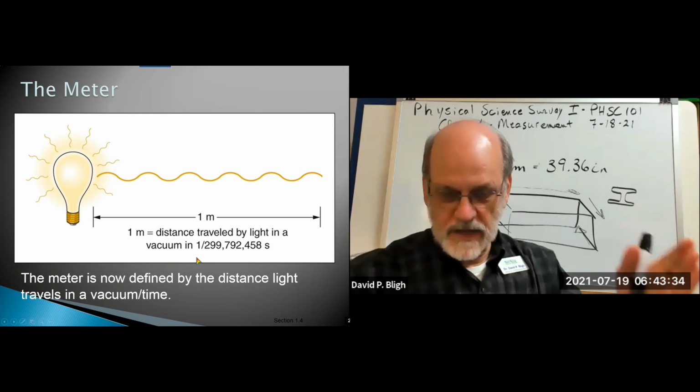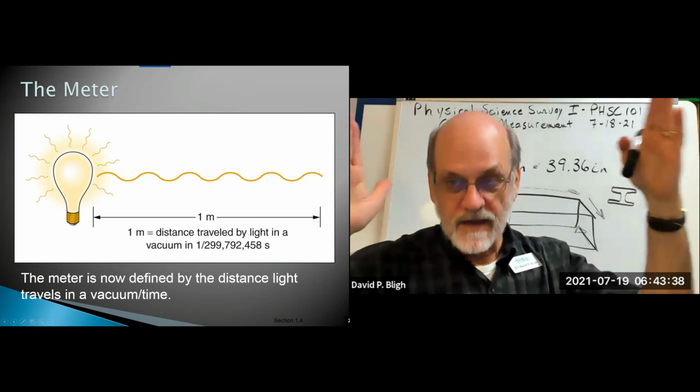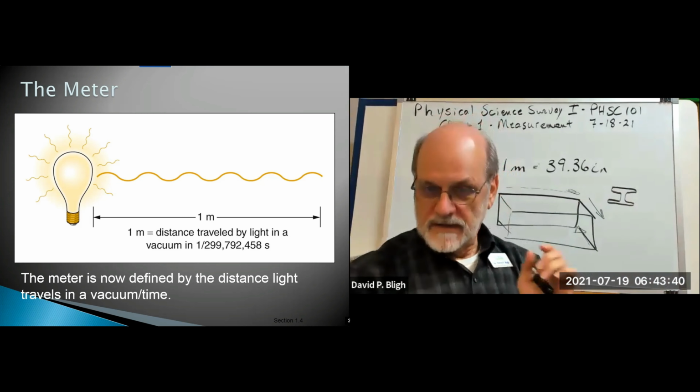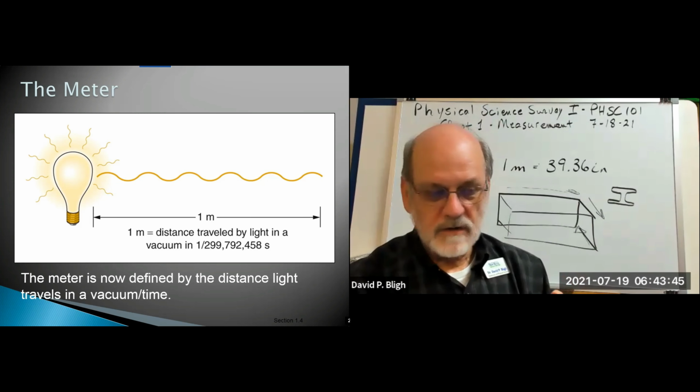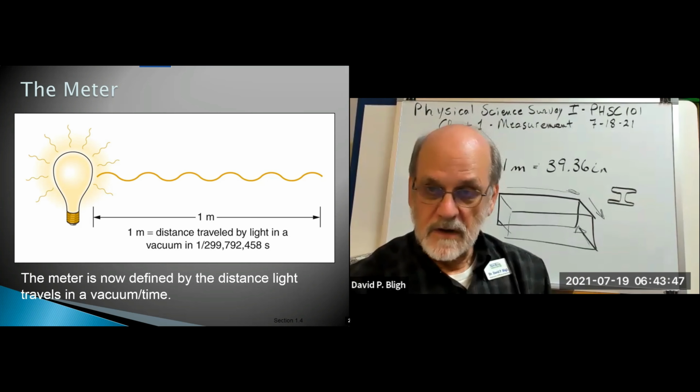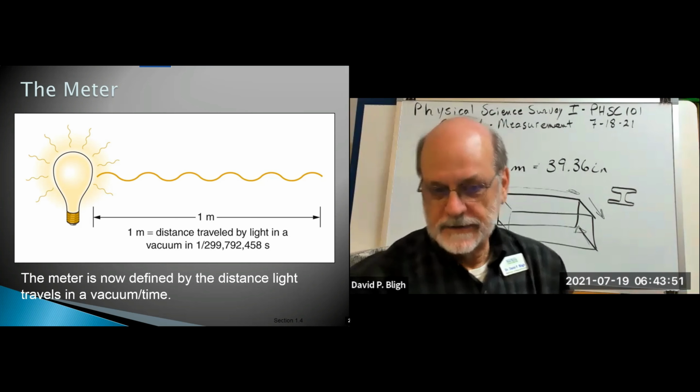And it will tell you that at that place, you have that many wavelengths, that's a meter. The advantage is you can standardize that instrument, and then you can measure or reproduce a meter anywhere. You don't have to go to that cave in France.